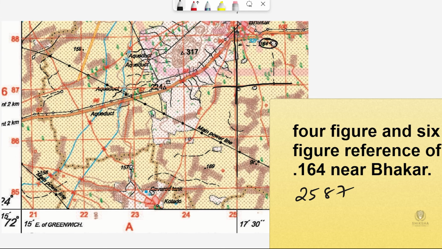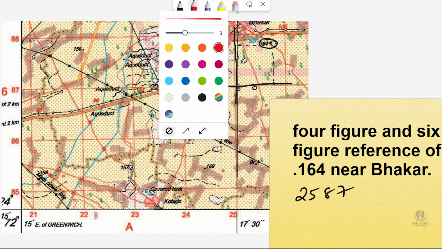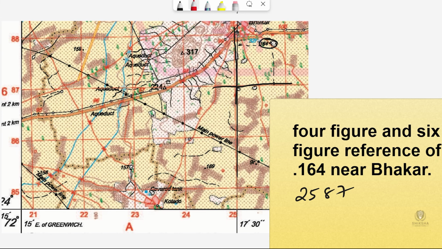So let us divide this into 10 divisions. On dividing, this is 0, this is 1, 2, 3, 4, 5, 6, 7, 8, 9, and 10. Similarly, 1, 2, 3, 4, 5, 6, 7, 8, 9, and 10.